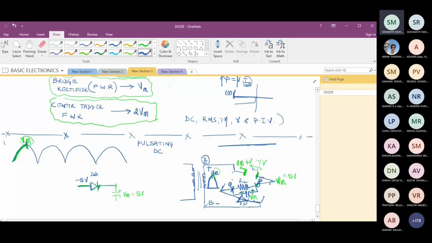Yes, sir. Q, is it minus or plus? Sir, minus. Because capacitor, when it charges, the right side plate is plus, left side plate is minus. Since Q is minus, if I ask you what is the voltage on the left side of the diode, is it not minus Vm? Yes, sir.